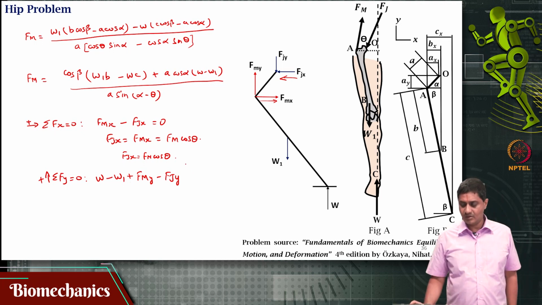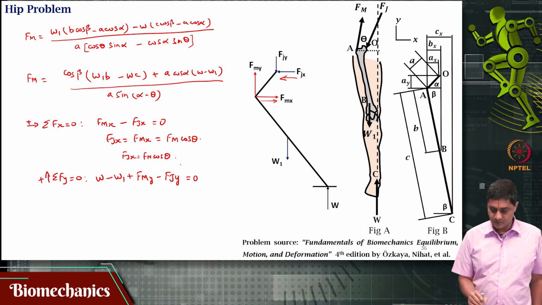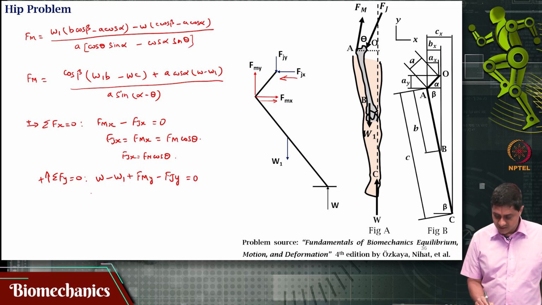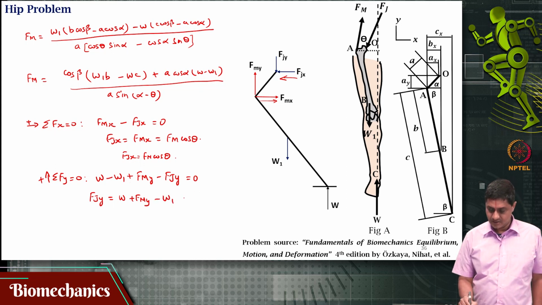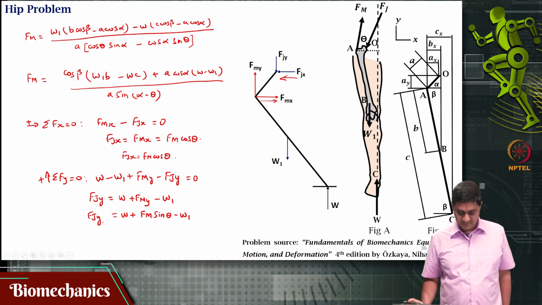Any other forces along the y direction? The answer is no. This whole thing is 0. So, that would give me Fjy as W plus Fmy minus W1. But I know Fmy. What is Fmy? Fmy is Fm sin theta. This is Fjy. Fmy is Fm times sin theta.